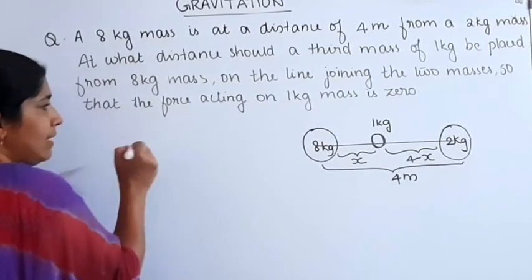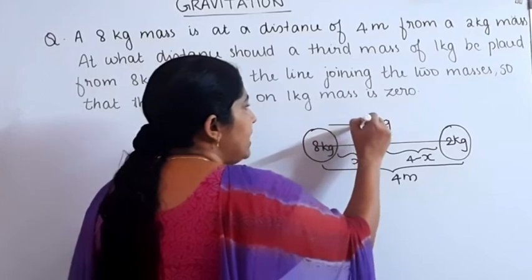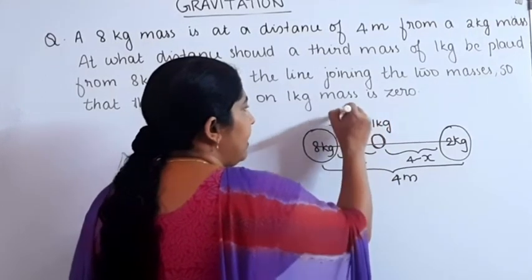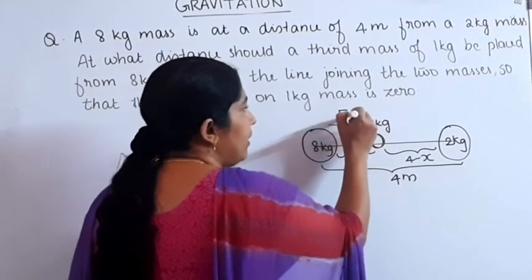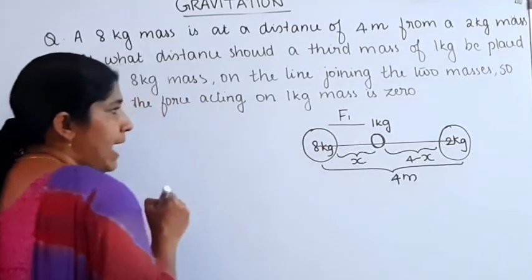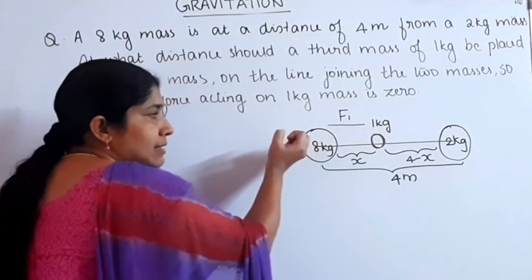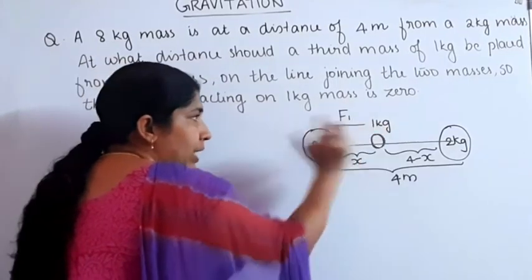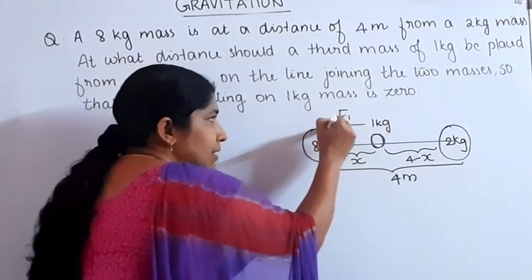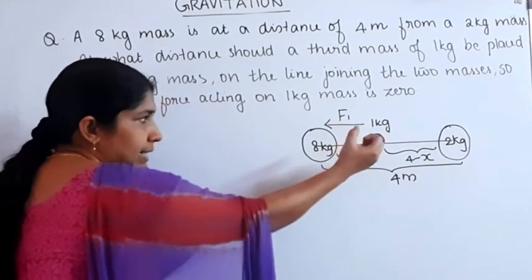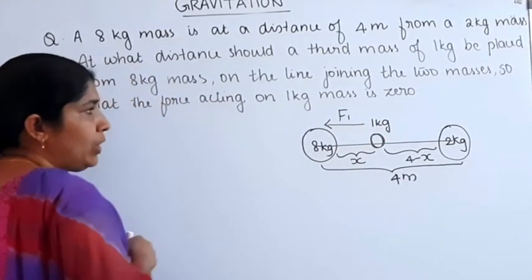For this, we can take F1 as the force between 8 kg and 1 kg. And what about the direction of force? 8 kg attracts the 1 kg body in this direction.